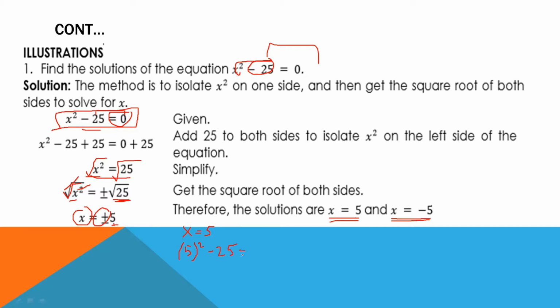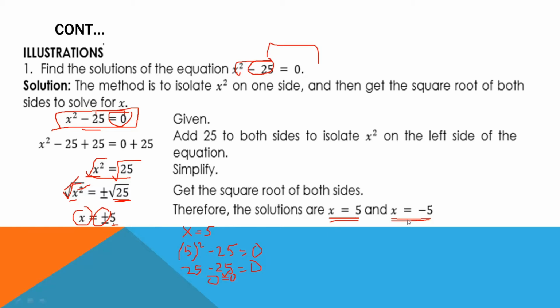To solve the 5 squared, what is 5 squared? 5 times 5 is equal to 25. Then minus natin sa 25 is equal to 0. Then 25 minus 25 is equal to 0, then equal siya sa 0. So therefore, we are correct in the first solution that meron tayo.